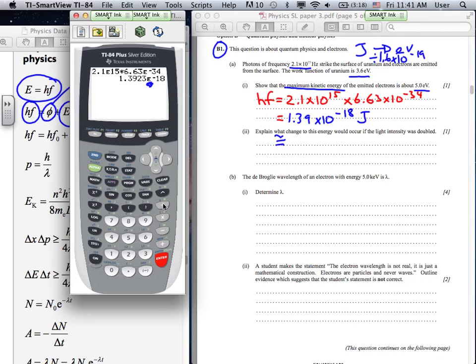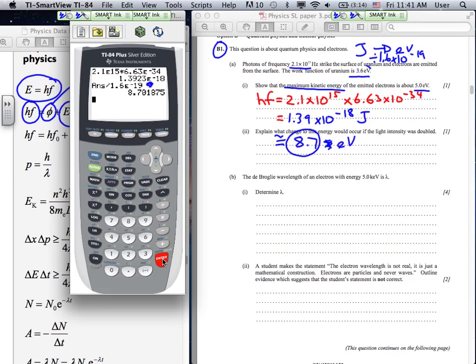I divide my answer by 1.6 exponent negative 19, enter, and I get 8.7 eV, no times 10 to anything. So that's the energy that's coming in.